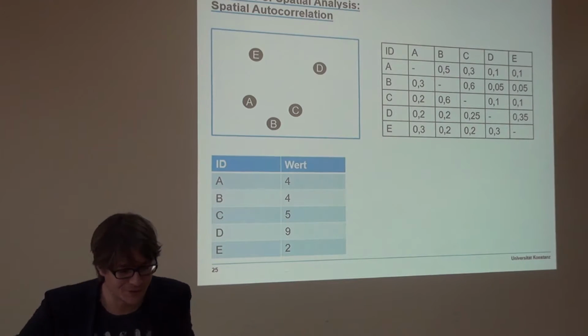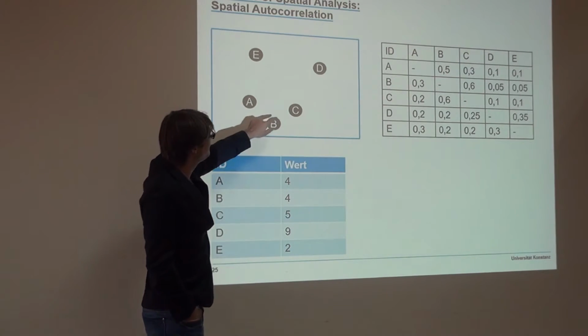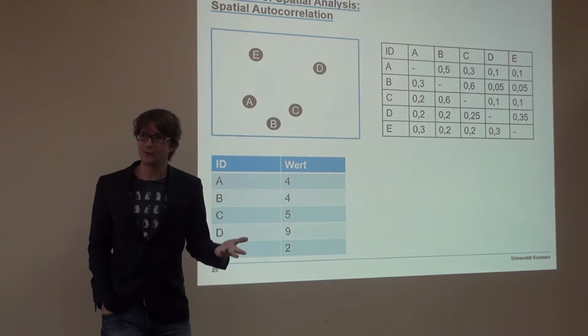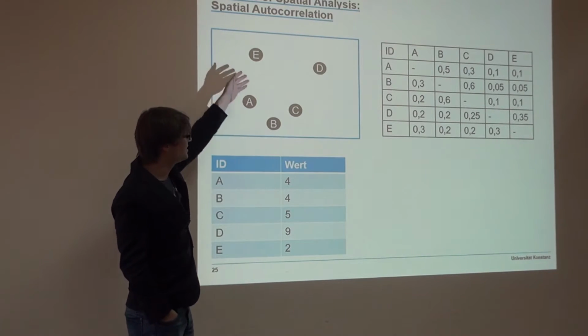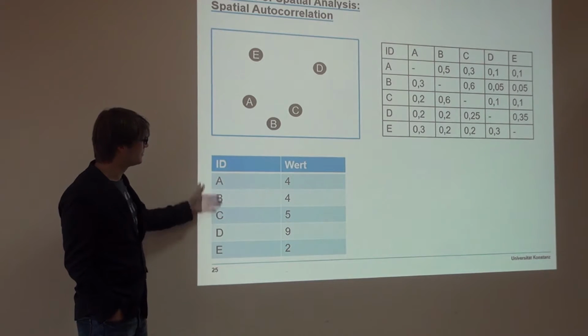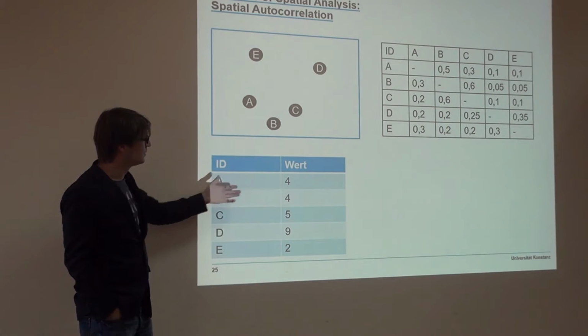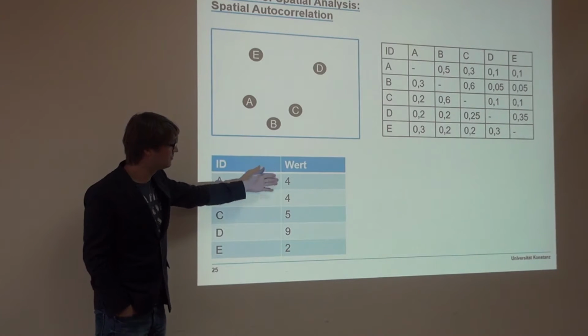So for example, if here observations A, B and C are spatially very close to each other, and E and D are a bit farther off. And A, B, C, D, E have some characteristics, some kind of value.